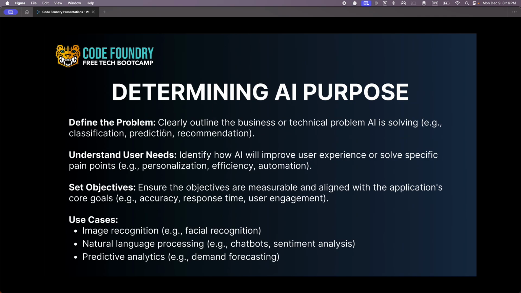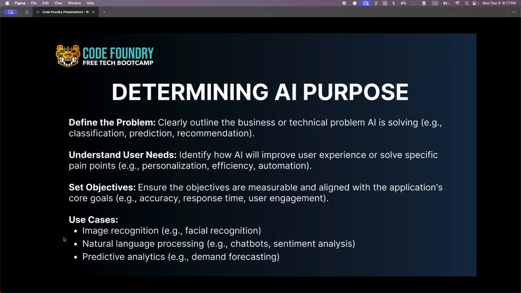So determine the purpose. Make sure that the purpose needs an AI and isn't just suitable with an algorithm instead. Understand your user needs and set objectives that are clearly identifiable and measurable that will be returned by the AI. So you want your core goals to be the accuracy, the response time, and the user engagement with your AI use case.